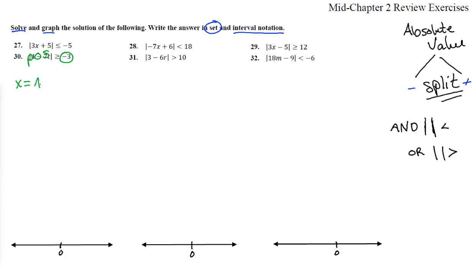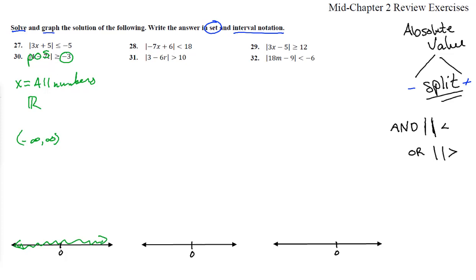So we're going to get x as all numbers, or in set notation, you would just write the set of all real numbers. The graph looks like this. Hey, look, that's everything going both ways, and it is negative infinity to infinity, and we didn't even need to do any work to figure that out. Absolute value will turn anything we stick in here positive, which will be bigger than or equal to negative 3. Never equal to negative 3, but definitely bigger than.